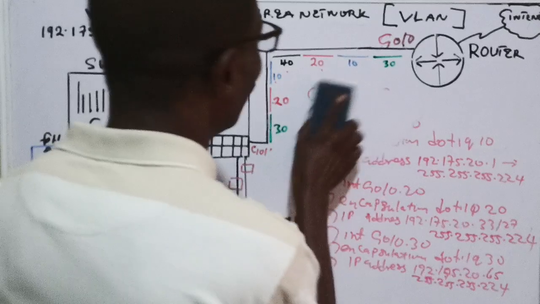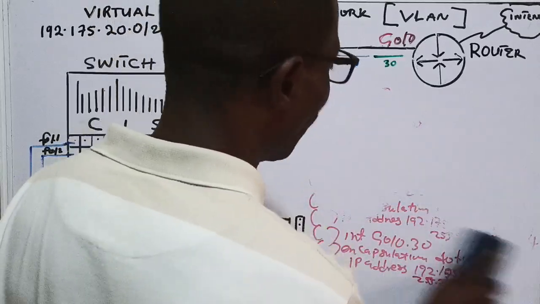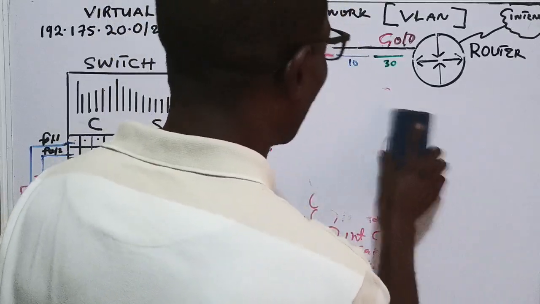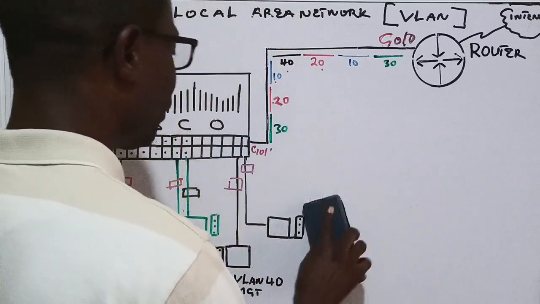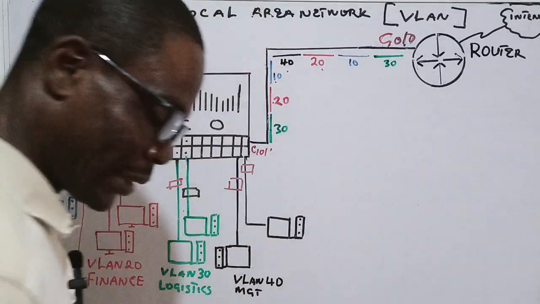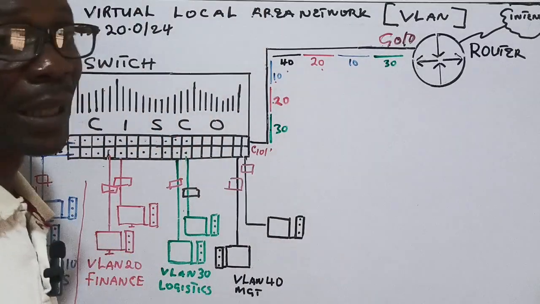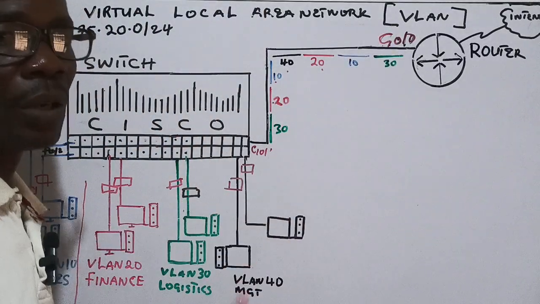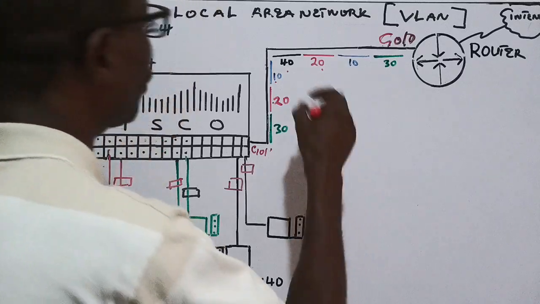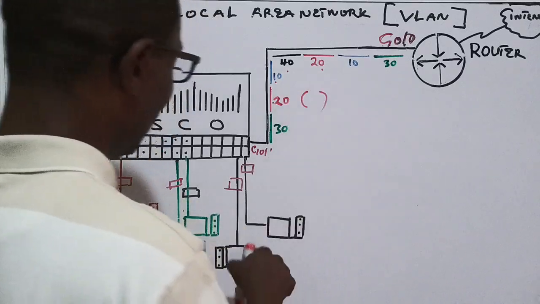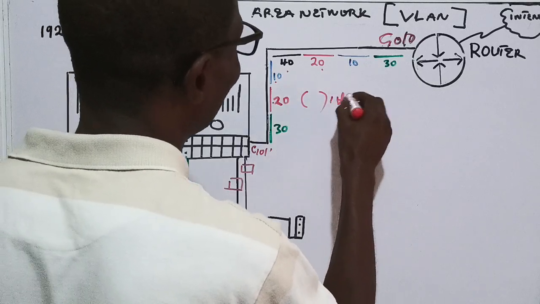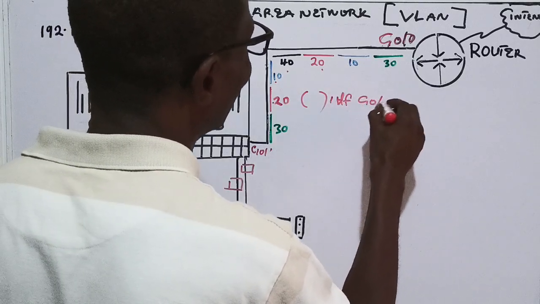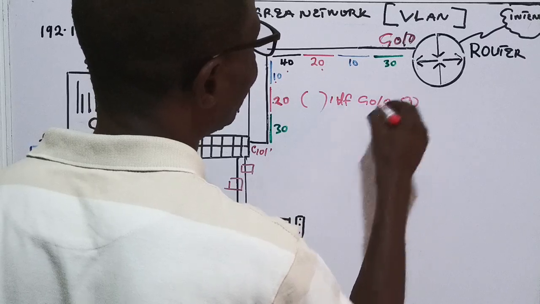Now, remember, without this configuration, one department cannot communicate with another department. With this configuration now, they can communicate. So you configure that with VLAN 40. Let's configure the VLAN 50 interface, Gi0/0.50, for the voice VLAN.